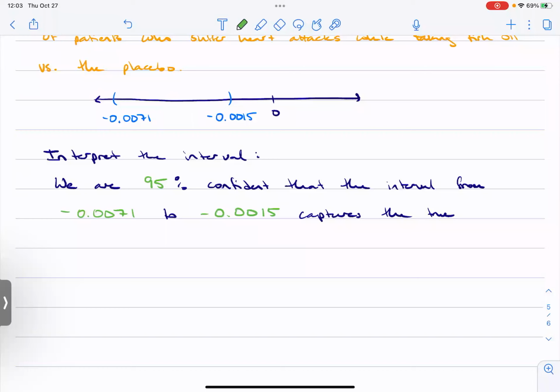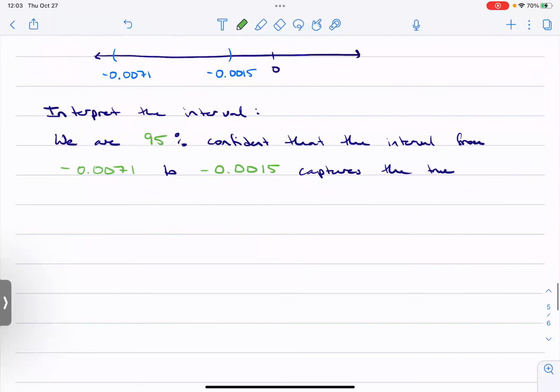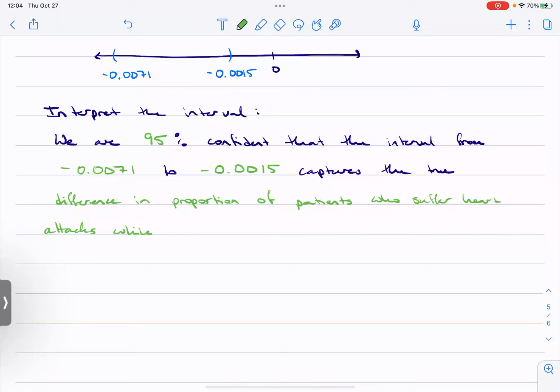So the true difference in proportion of patients who suffer heart attacks while taking fish oil versus a placebo.